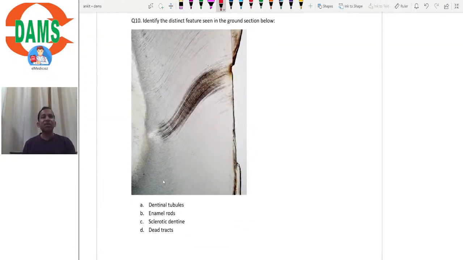Identify the distinct features seen in the ground section below. So again, we are presented with the ground section, and let's see here. This is the outer layer. Then we see a tissue here, which is probably the outermost tissue, and we can see another layer of outermost tissue here.